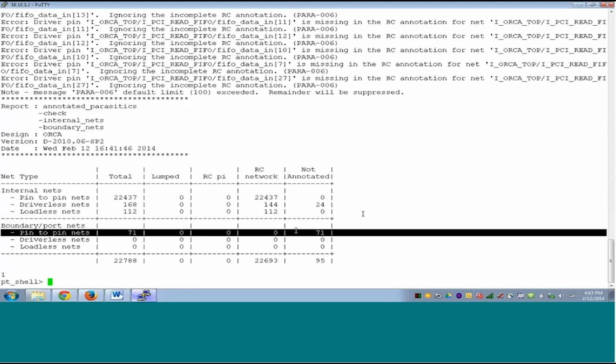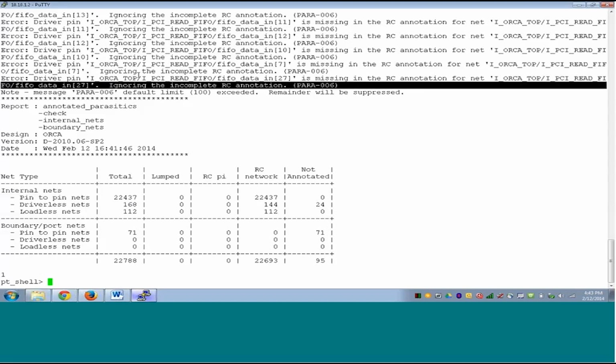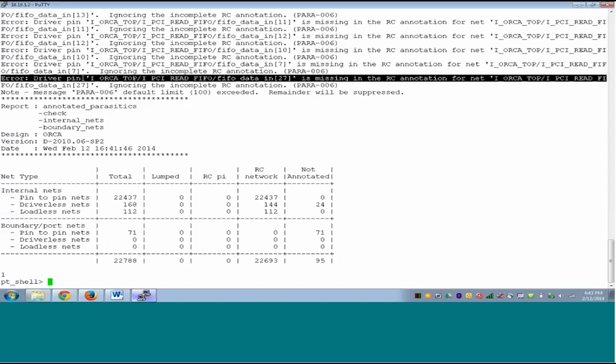But as an STA engineer, this is the most important thing: internal networks should be completely annotated. Although it is giving some messages here that it is ignoring the incomplete, for example, if you look at this, driver pin is missing in the RC annotation for this particular net. So it might happen that there is nothing driving this.